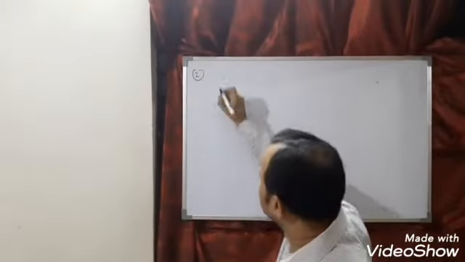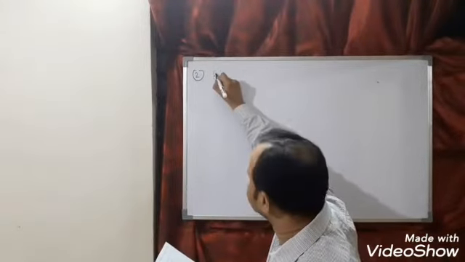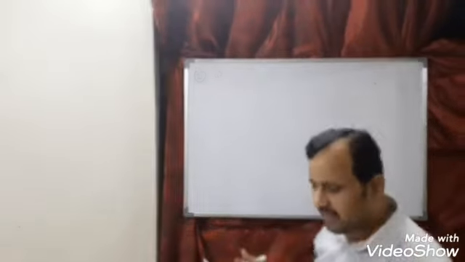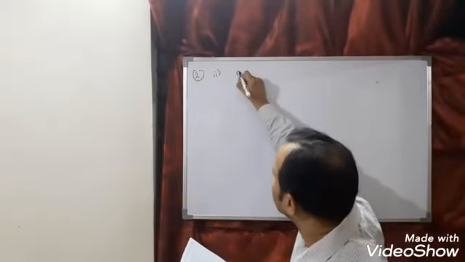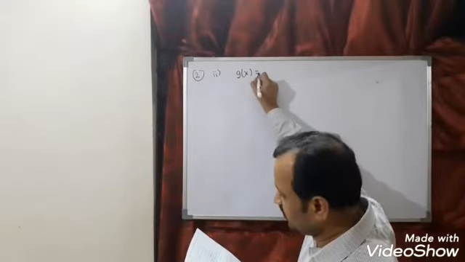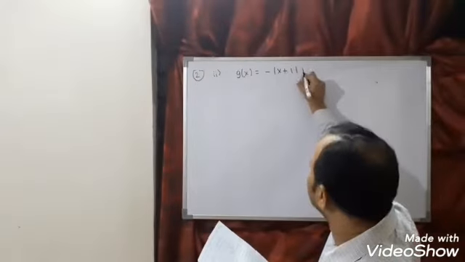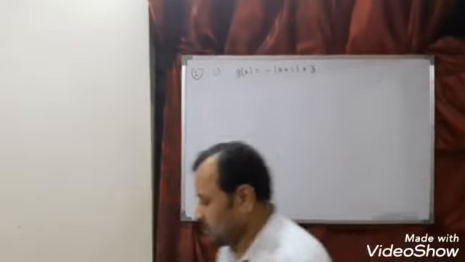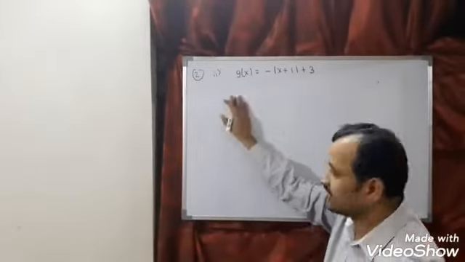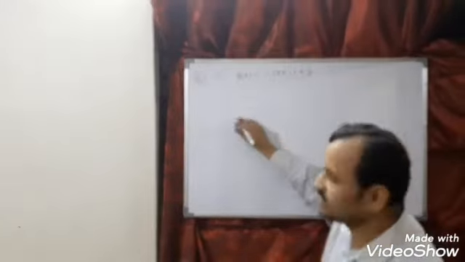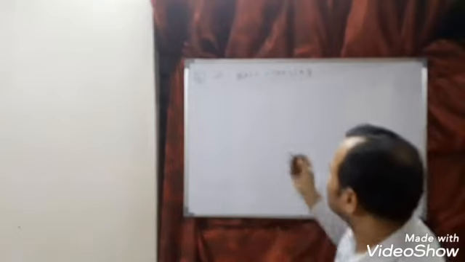Same question, and this is the second bit. Find the maximum and minimum values of g of x is equal to minus mod of x plus 1, plus 3. So what I did in the last question, I am applying the same process here. See here.